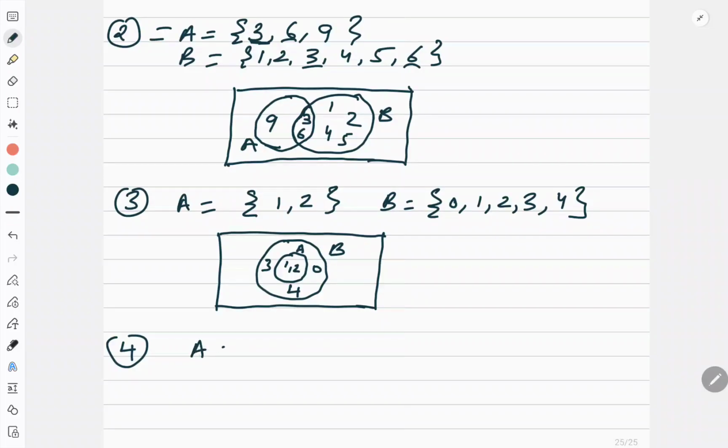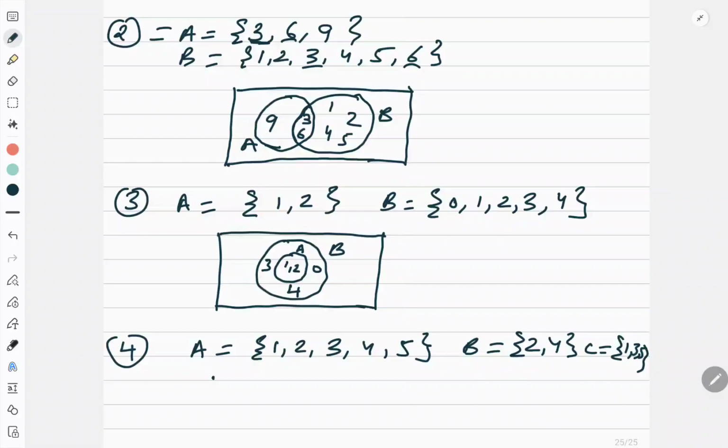Now consider one more situation. Suppose I have A is equal to {1, 2, 3, 4, 5}, B is equal to {2, 4}, and C is equal to {1, 3, 5}. So how will you represent this? Now see, this is your universal set. There is a big set A which has 1, 2, 3, 4, 5.